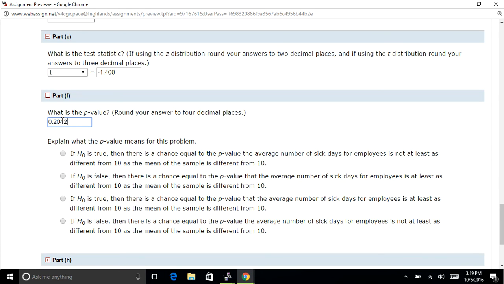Because all I'm saying there is this p-value says that my sample is no different from my population, or is at least different than the population. You can think of it this way, because all we're doing is comparing the sample to the population. So the false ones are never going to be good. It's only going to be the true ones, okay? So I want to say that it's at least as different. So that's the one I pick.